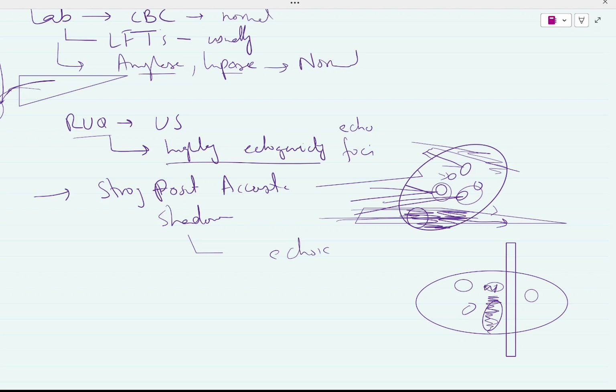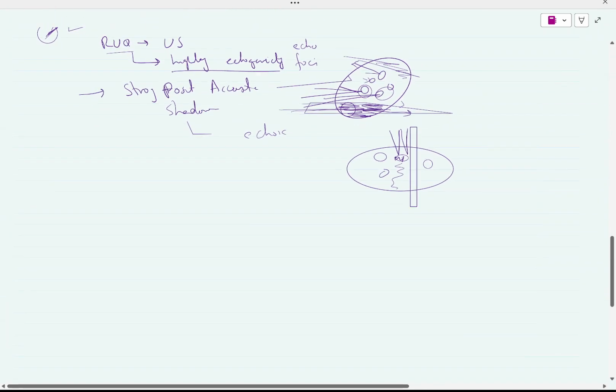So what will happen? There will be reflection of sound waves. There will be a shadowing formed posterior to this. This is called posterior acoustic shadow. For better understanding, you can consult a radiologist. I am not a radiologist. So what will happen? There are two things.